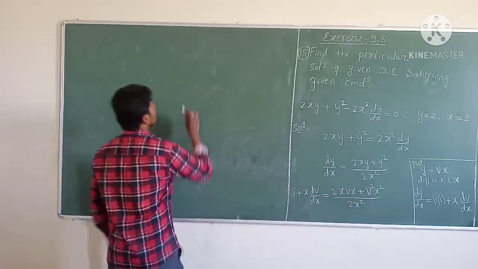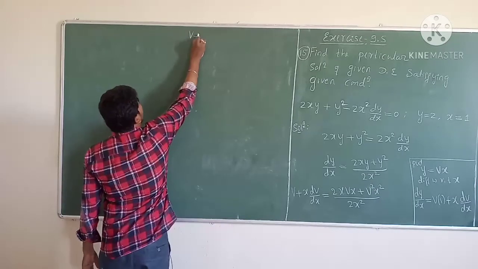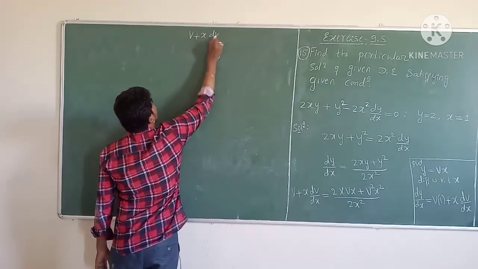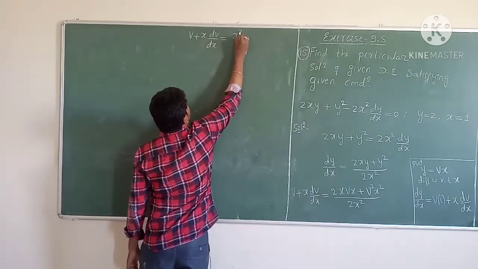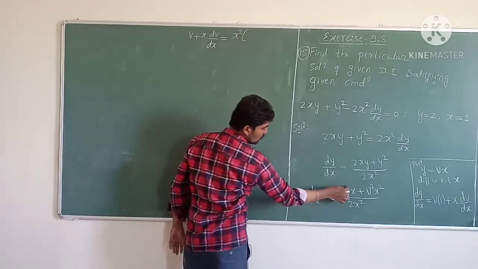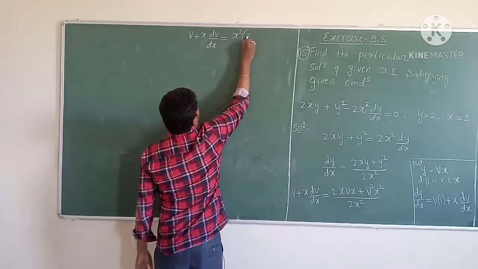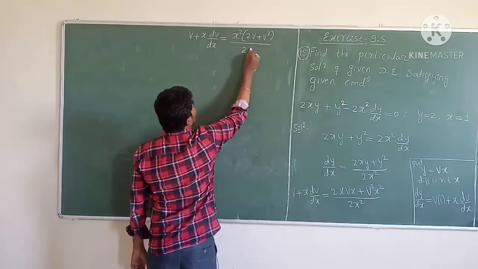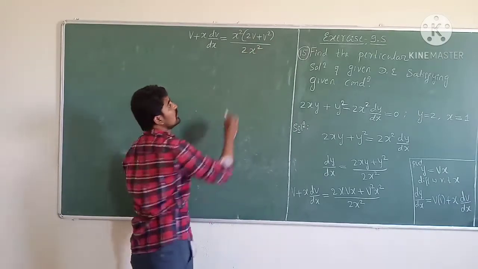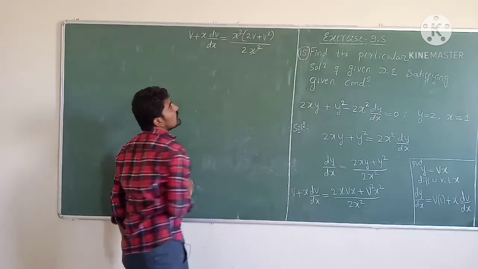So v plus x into dv divided by dx is equal to x square is common, remaining 2v plus v square, divided by 2 into x square. Now this x square gets cancelled.